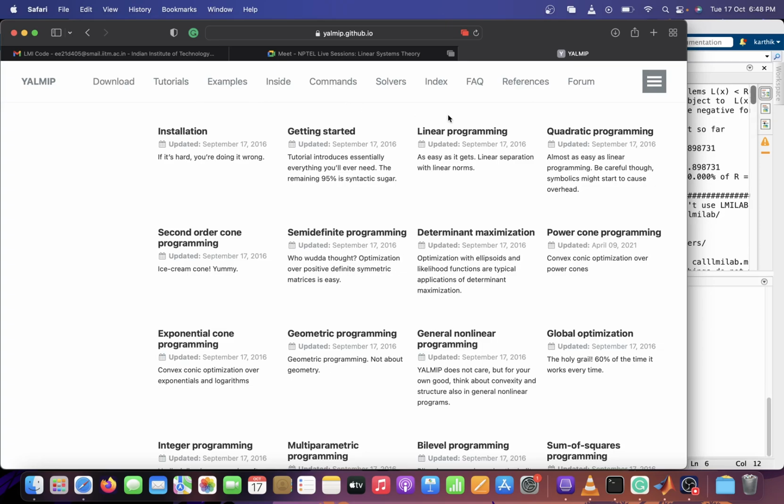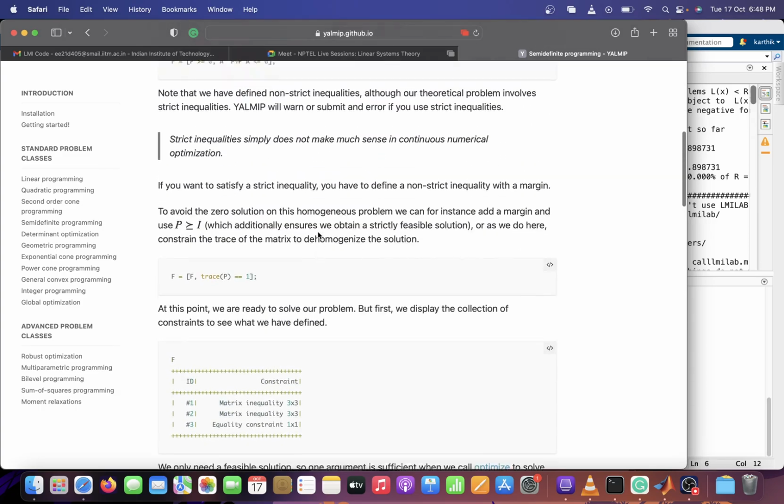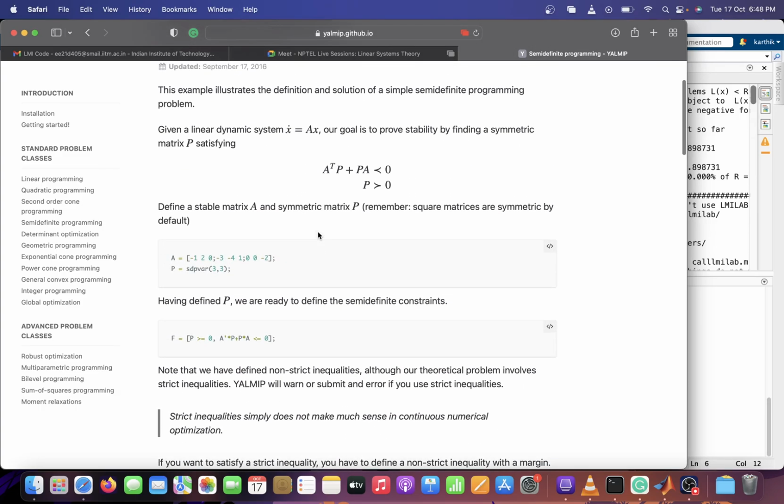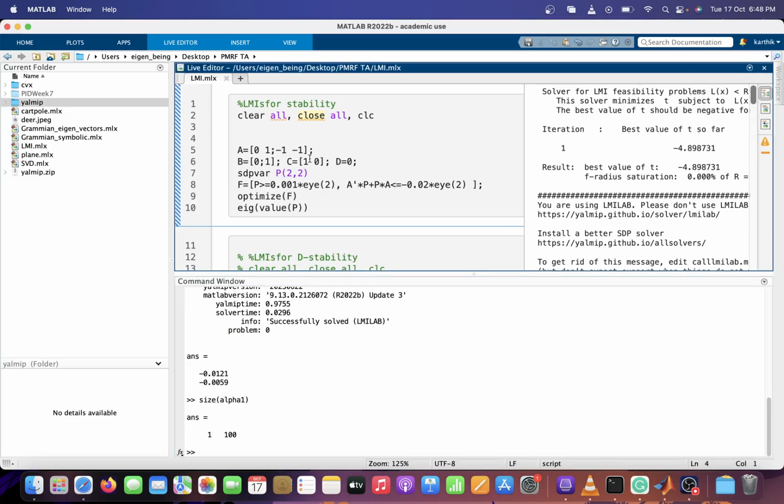It will install. And the next thing is semi-definite programming. In order to write the code, you just have to first declare your A matrix. Okay, maybe we'll look at the code itself. So you have your A matrix, then B and C, which is not required right now. Then I have declared a variable.